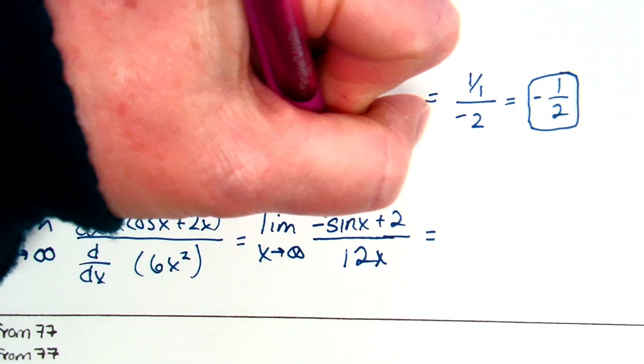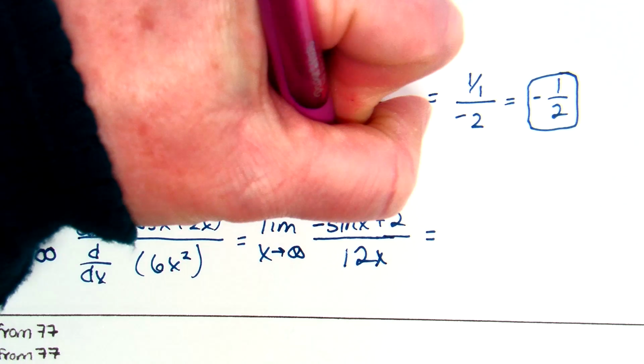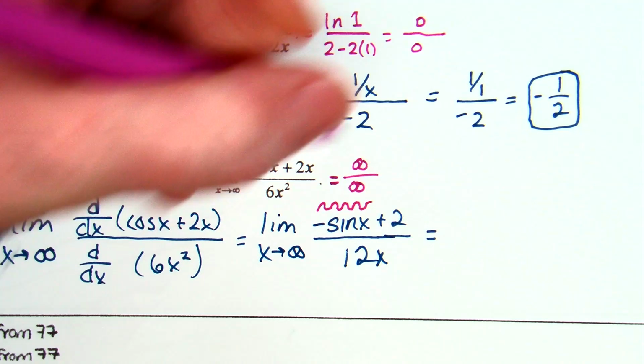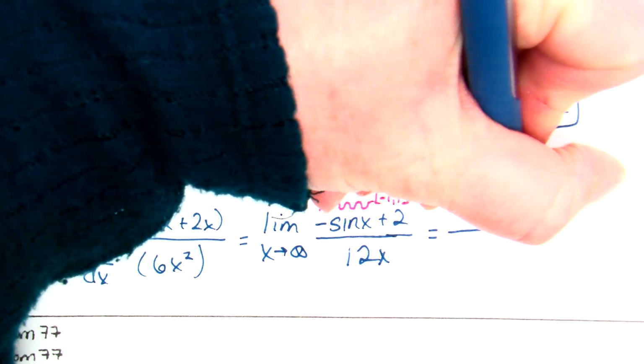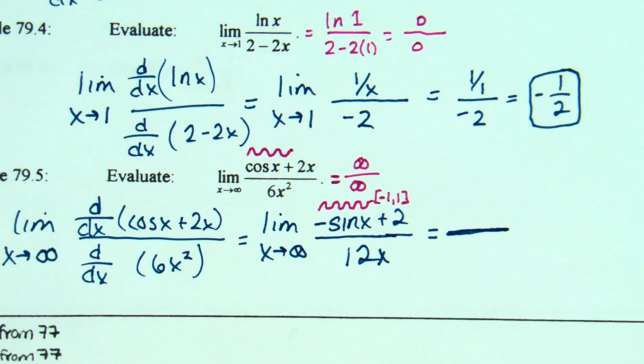Okay. So it's negative sine x, but depending on where you hit it, it's still up and down, up and down. And so that value goes from -1 to +1, yes? So as we look at this on top, if that value is anywhere between -1 to +1, and then we add just a plain old 2 to that value, what kind of value do I have on top then?